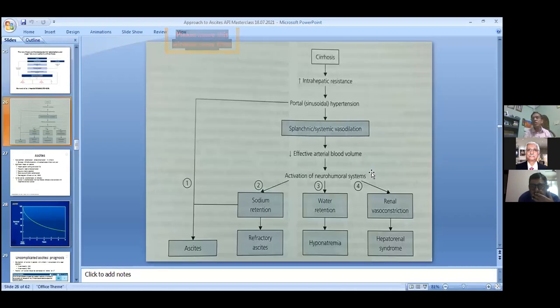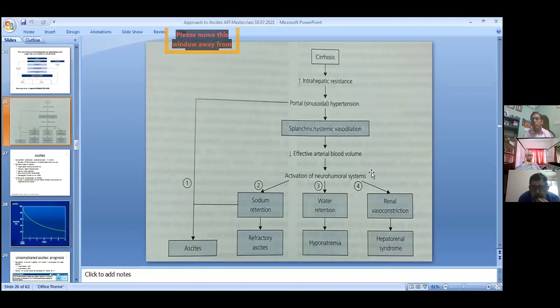All these end organ dysfunctions occur as a result of this splanchnic arteriolar vasodilation. In cirrhosis, as I have already mentioned, this is a progressive process. Initially there is ascites formation, then sodium retention gradually becomes high, and there is refractory ascites. When the splanchnic vasodilation is profound, there is activation of ADH, water retention, and development of hyponatremia.